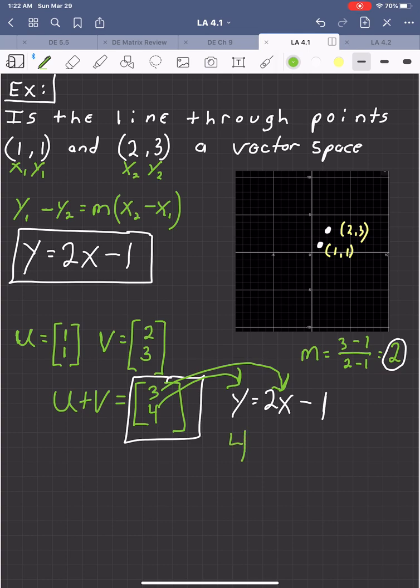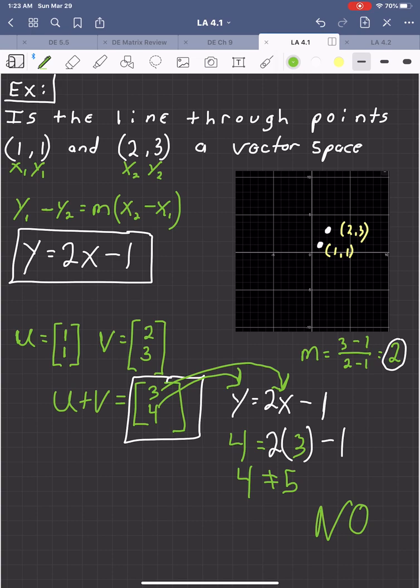So this would be 4 is equal to 2 multiplied by 3 minus 1, right? So that would be 4 is equal to 6 minus 1, which is 5. Notice that we end up with a statement that is not true, right? 4 does not equal 5. So as of right now, I have enough information to say no, this is not a vector space.